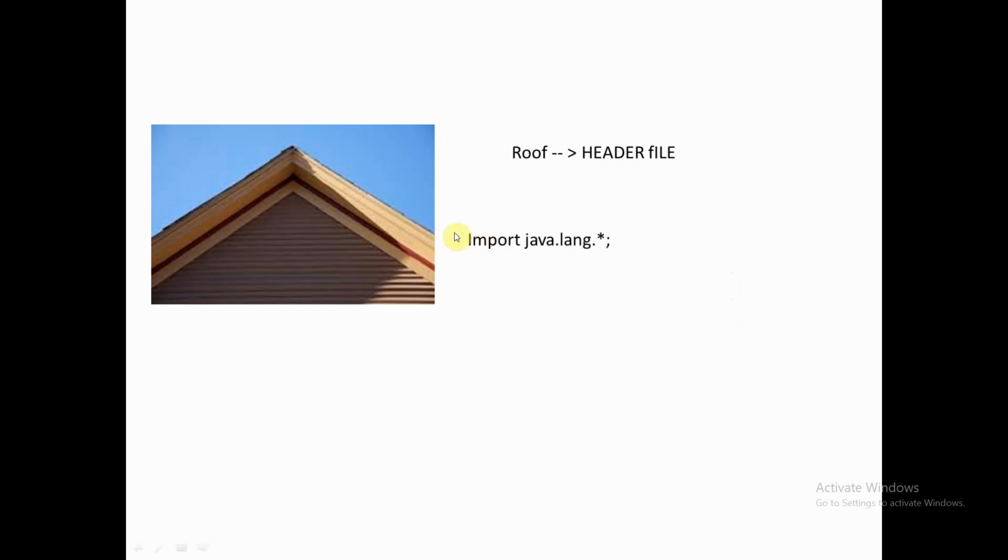So how is the syntax of having a header file? import, where the i is small, java.lang.*, the star specifies all. What is this java? Consider it a big box. Inside this Java big box, we have the Java package, and under this Java package we have a lot of packages, and the default one is the Lang package.